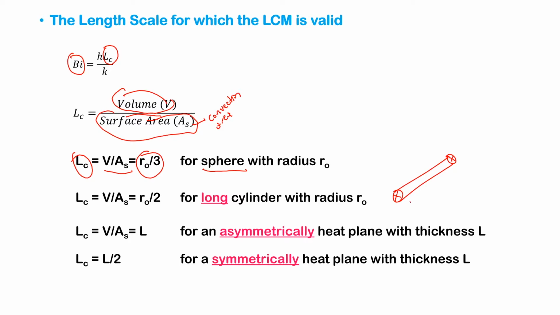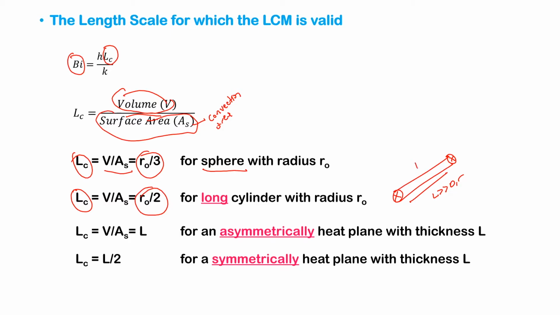That means the length is very large, L is much greater than diameter or radius. If this is the case, the characteristic length is r0 over 2.